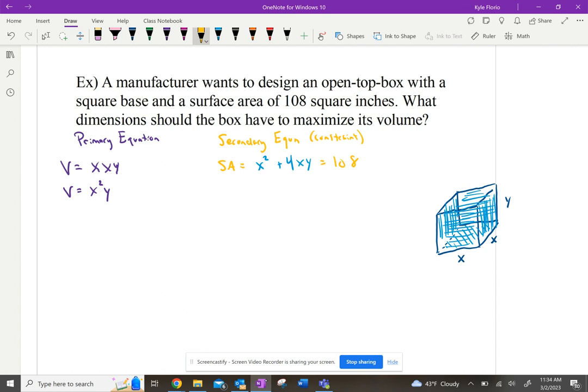So I certainly don't feel like solving this for x because x is a quadratic. So we're going to solve this one for y. Subtract x squared on both sides, so 4xy equals 108 minus x squared. Divide both sides by, excuse me, just by 4x.